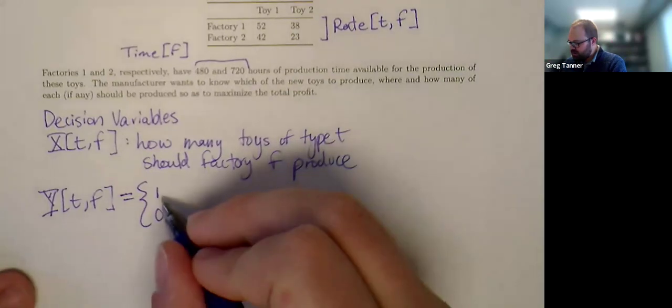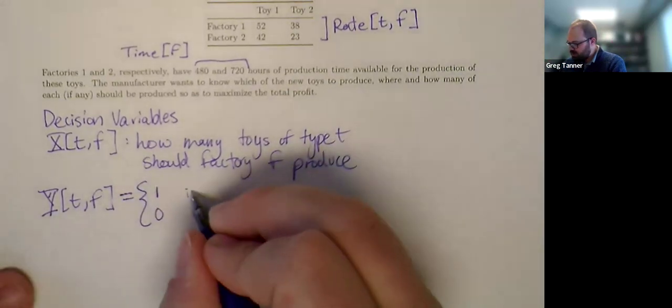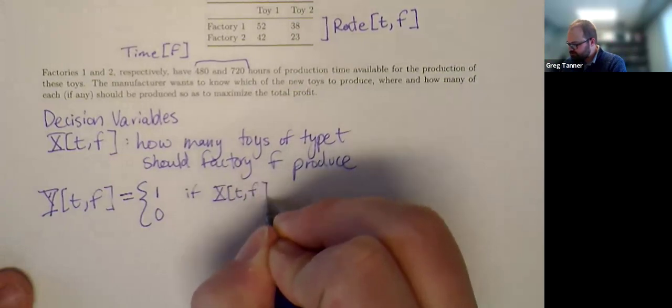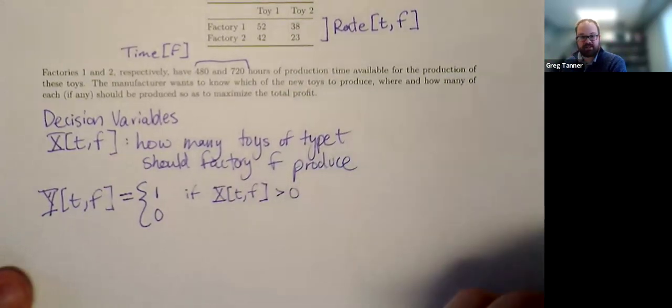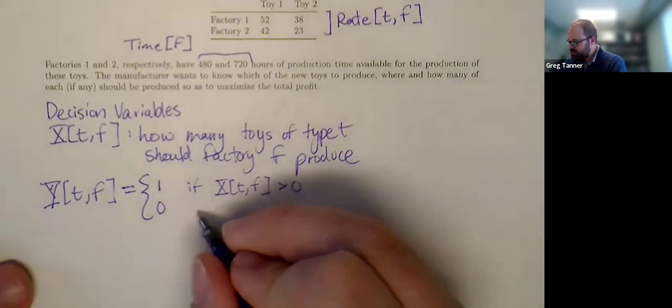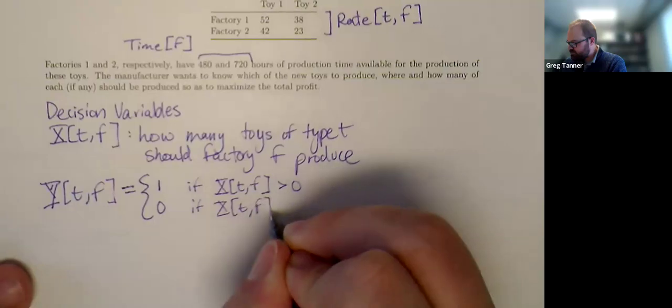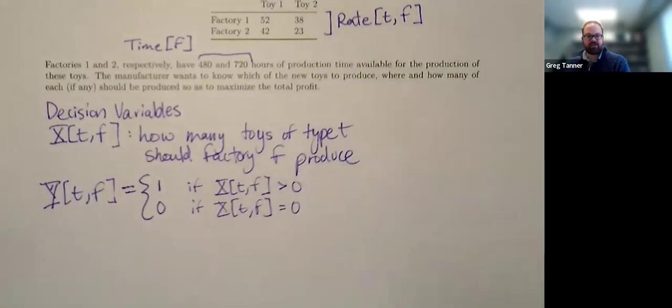We want YTF to be 1 if XTF is positive, bigger than 0, and we want it to be 0 if XTF equals 0. So the Y variable essentially turns on and off as X turns on and off, but it's the binary version of that continuous variable.